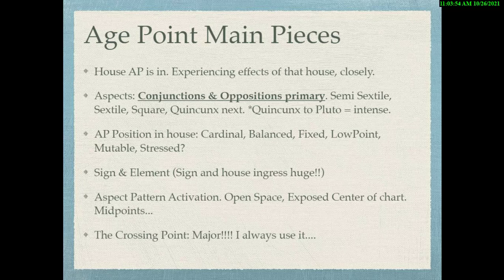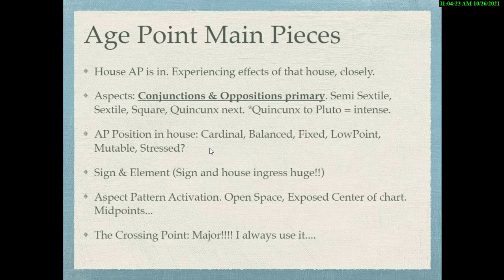The next is to look at the aspects. Conjunctions and oppositions are primary, because at a conjunction we're facing off directly with that planetary energy, and in oppositions it's the same effect, although it feels as though it's coming to us from afar. We also use semi-sextiles, sextiles, squares, and quincunxes. I make a note that quincunx to Pluto can be intense.